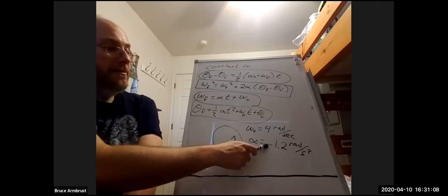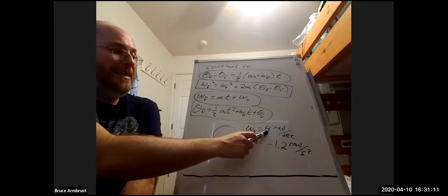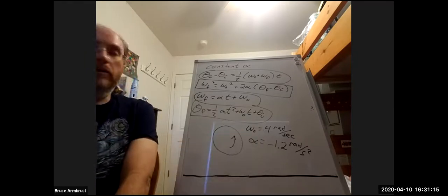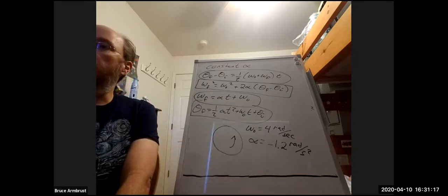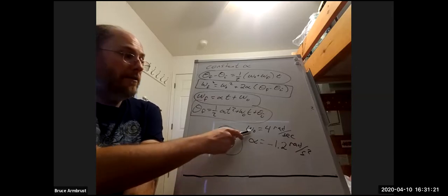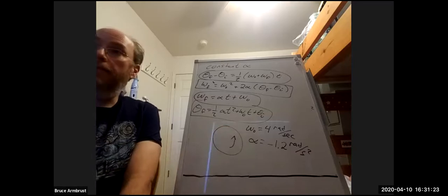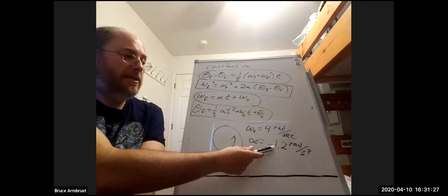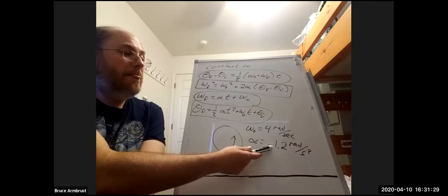All right, so negative acceleration means that this omega needs to be going down. So if omega is going down, that means we're slowing the rotation. Eventually, that omega is going to turn negative in a little more than 3 seconds, just around 3.5 seconds.